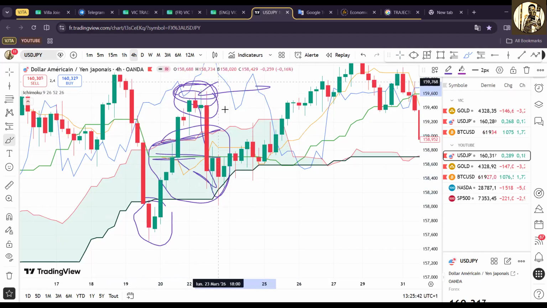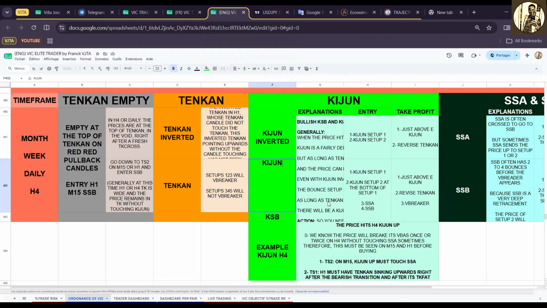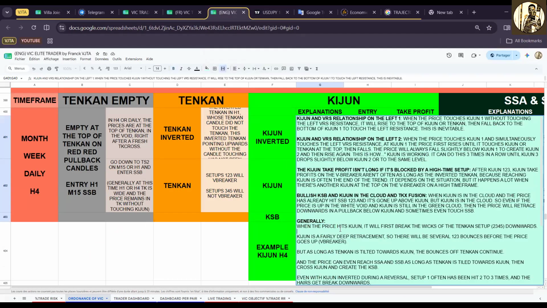Because when the price is at this present moment here, this one is a sell that can go down and touch SSB again. So generally, when the price hits Kijun, it will first break the wick of Tenkan setup 234 downward.